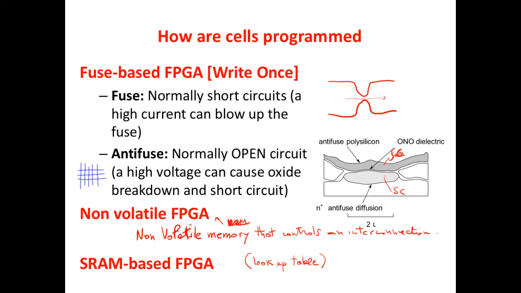Okay. The advantage of using a non-volatile FPGA is that you can change the program. Okay, you can write a 1 or a 0 in the position of the non-volatile memories, and then therefore you can program the contact, or let's say eliminate the contact.